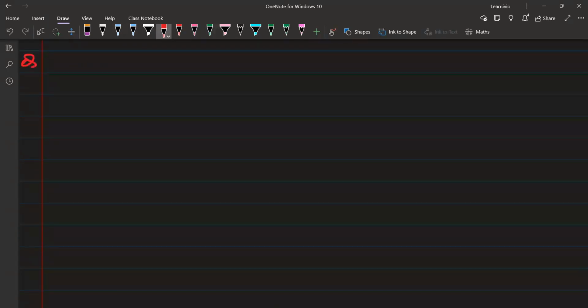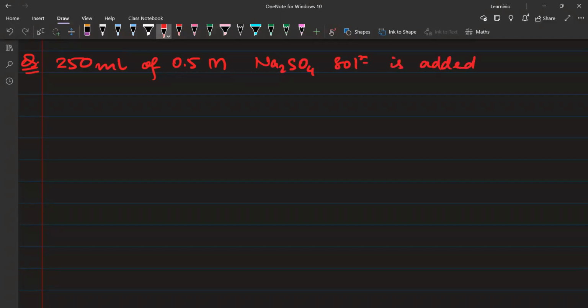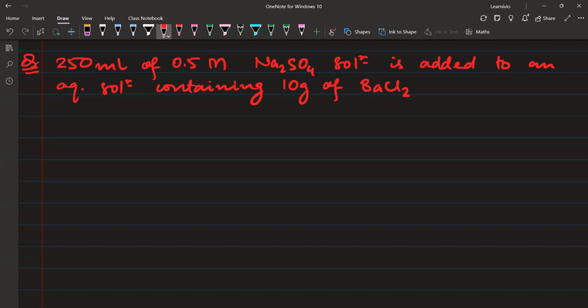Please write a question. 250 ml of 0.5 molar sodium sulfate. Sodium sulfate क्या होता है? Na2SO4. Solution is added to an aqueous solution containing 10 gram of BaCl2, resulting in the formation of BaSO4. ठीक है.